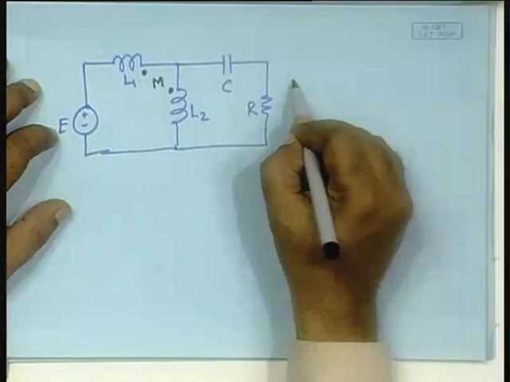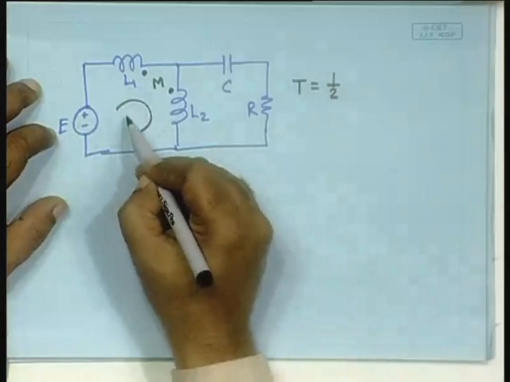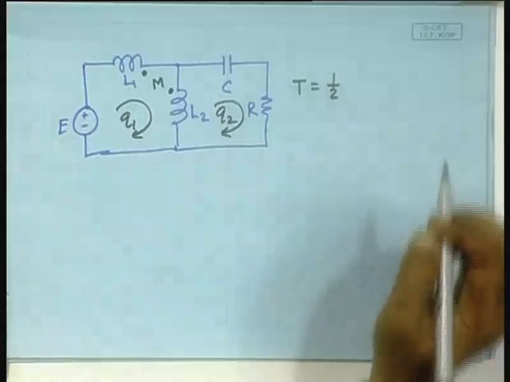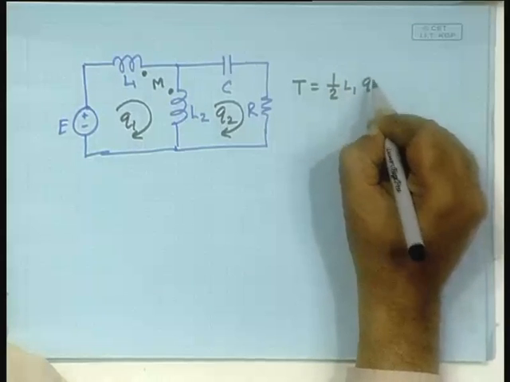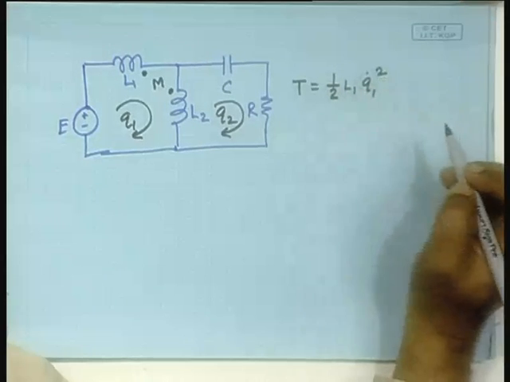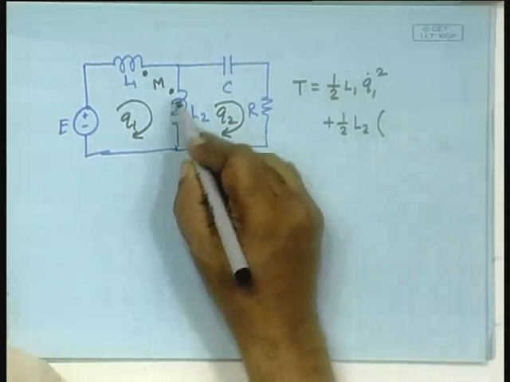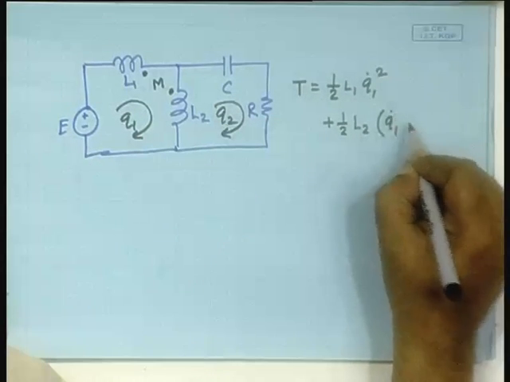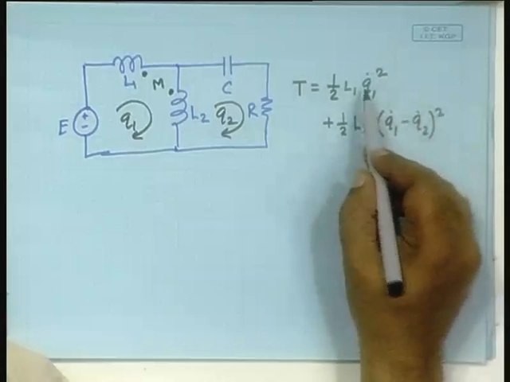If this is not there, the kinetic energy would be written, designating the two coordinates, as half L1 Q1 dot square plus half L2 (Q1 dot minus Q2 dot) square, in the absence of this mutual inductance.